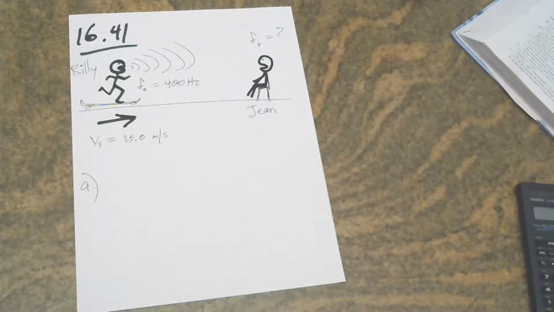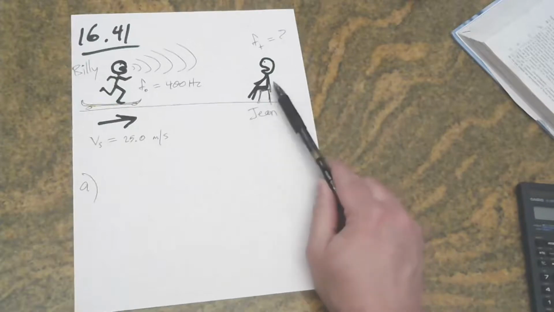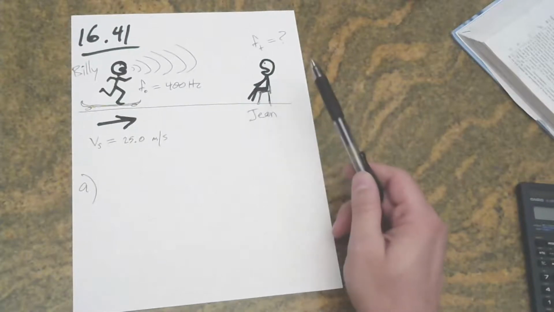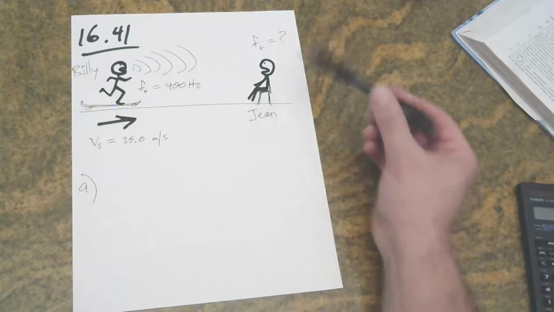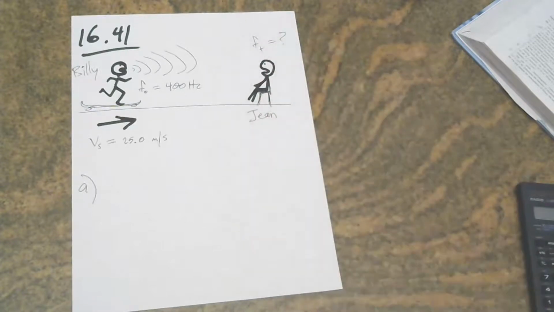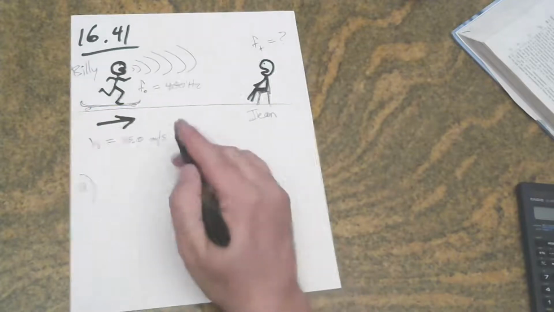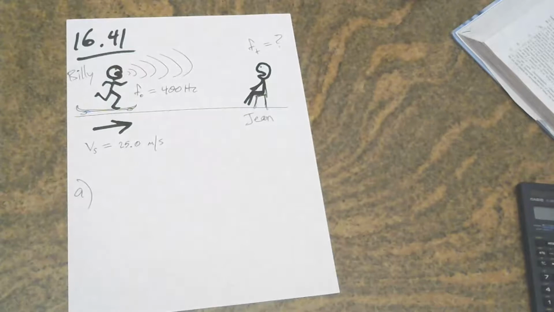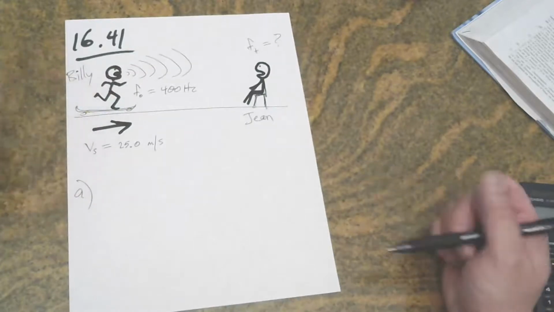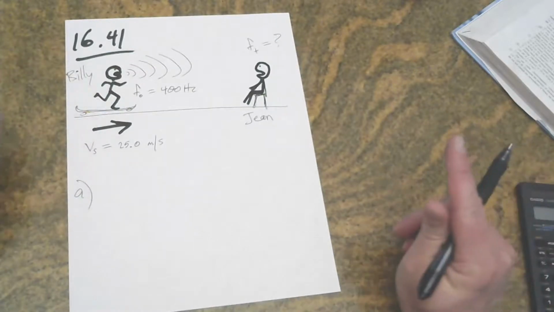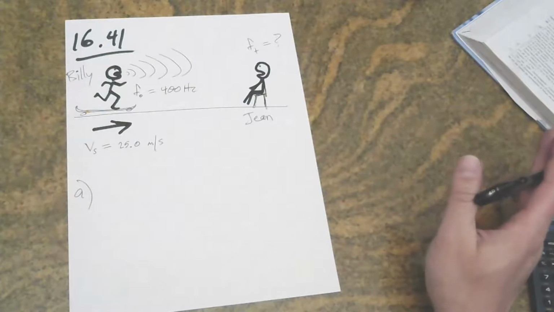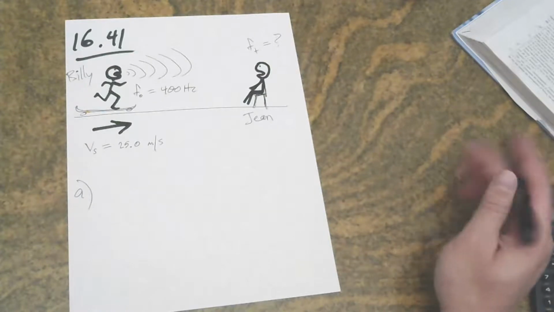And in part A, we're supposed to figure out what pitch does Gene hear. Now, again, I took the liberty of writing F plus because it seems clear that the frequency that she hears will be higher than the source frequency, because remember, when a source is in motion producing waves through a medium, again, we're not talking about electromagnetic waves, which are different.